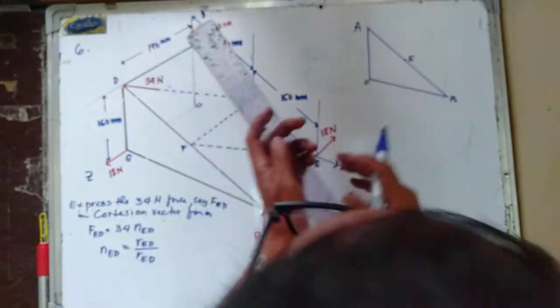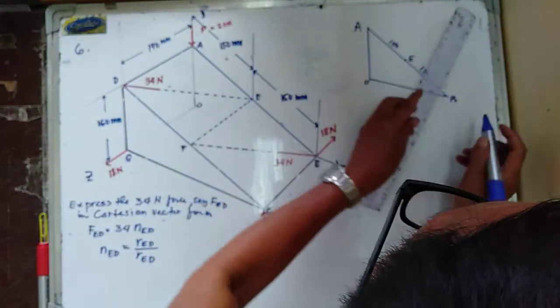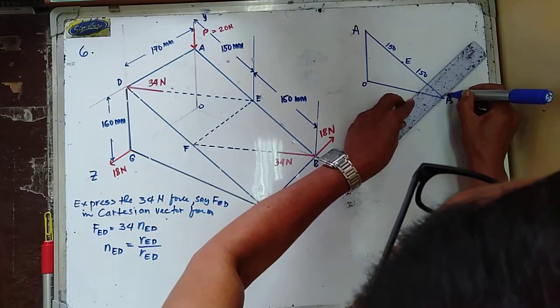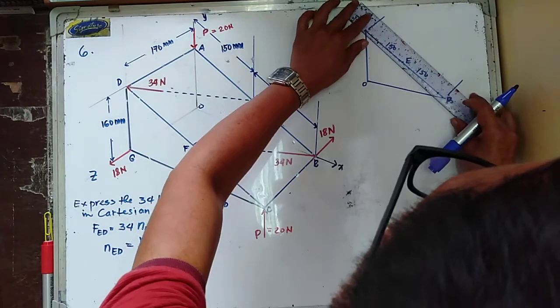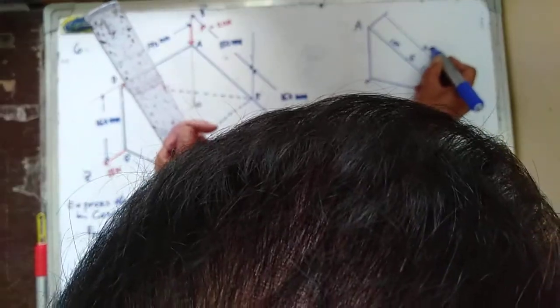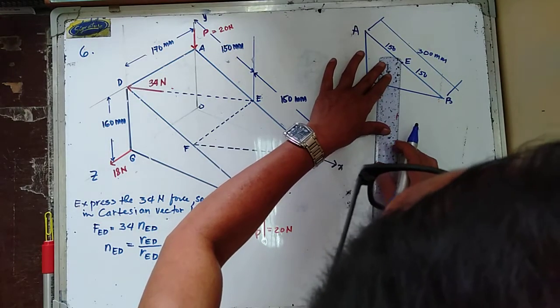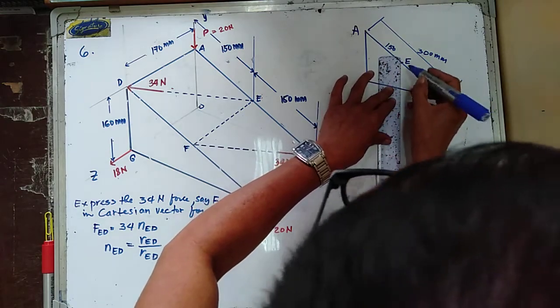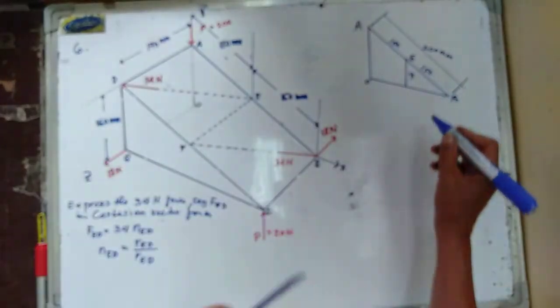This one is 150 mm and this is 150 mm, so this is therefore equal to 300 mm. And I'm just going to consider this one as y.